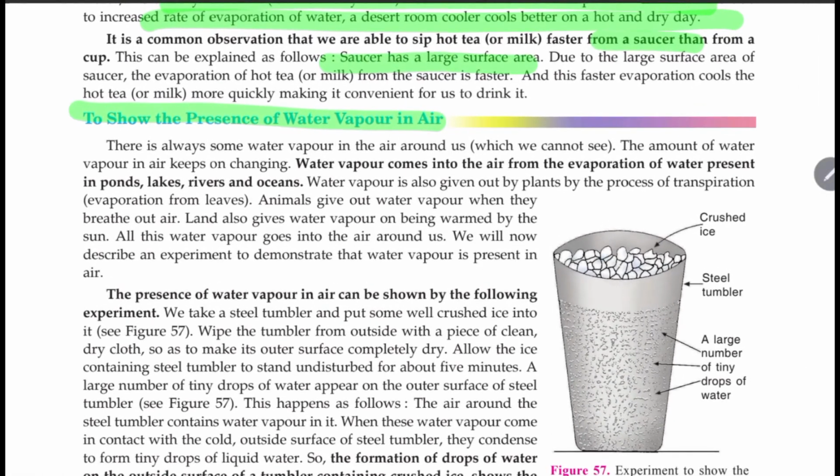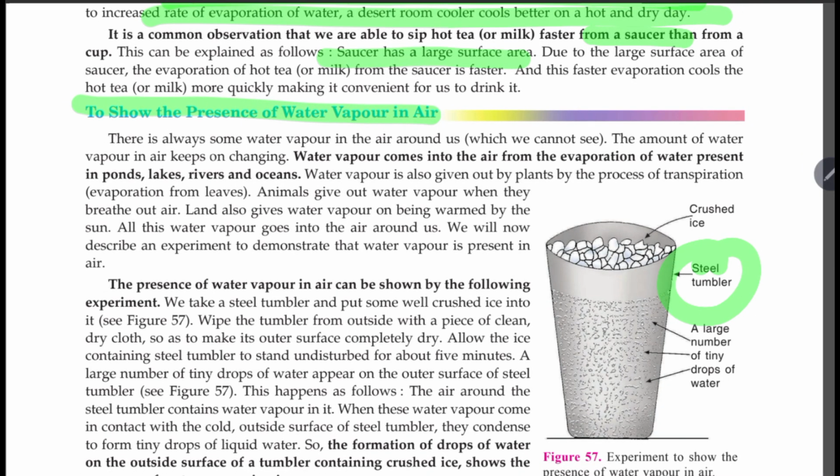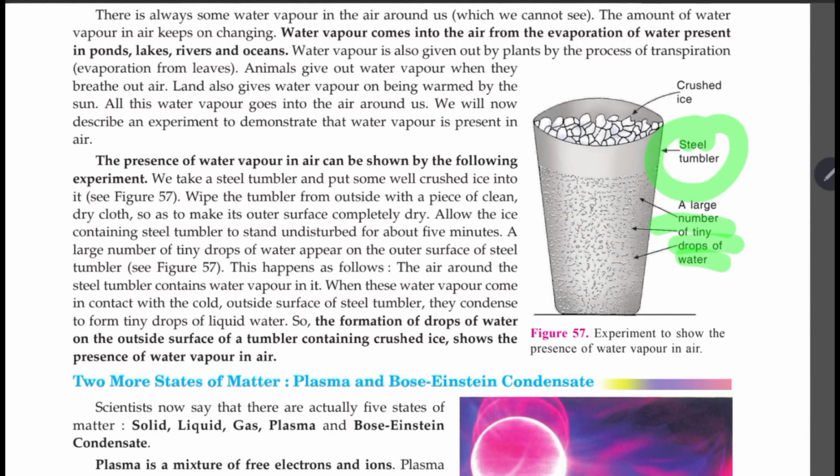Now to show that water vapor is there in air, it's a very common example. You take some crushed ice in a tumbler, say a steel tumbler, and what happens after some time? Can't you see the tiny drops of water on the outside of the tumbler? Why? The air around the steel tumbler contains water vapor. Now, when it comes in contact with this cold surface, what happens?